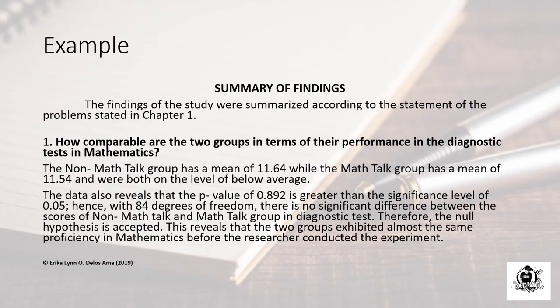There's a short introductory statement immediately after the title, which is summary of findings. And then number 1, which is written in bold, is the actual SOP lifted from chapter 1. So the SOP is supposed to be in question form and in bold letters.